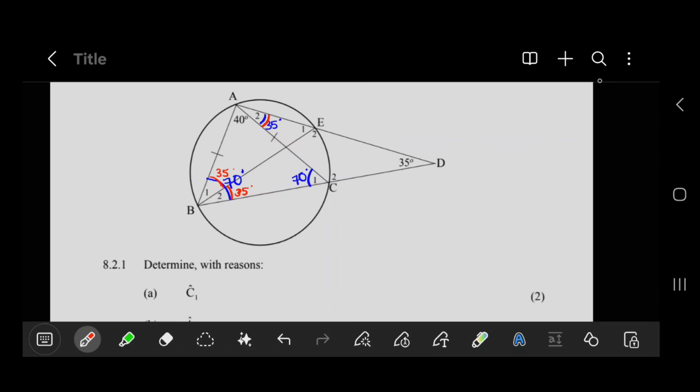Let's write that down. So I'm just going to show how I'm getting this 70 minus 35 to show that, okay, B1 is equal to 35 degrees. So angle B1 is equal to angle B2. And if you'd like, you can mention that B2 is 35 and you can say proven. So if you want to mention that, you can say that, okay, angle B2 is also 35 degrees.